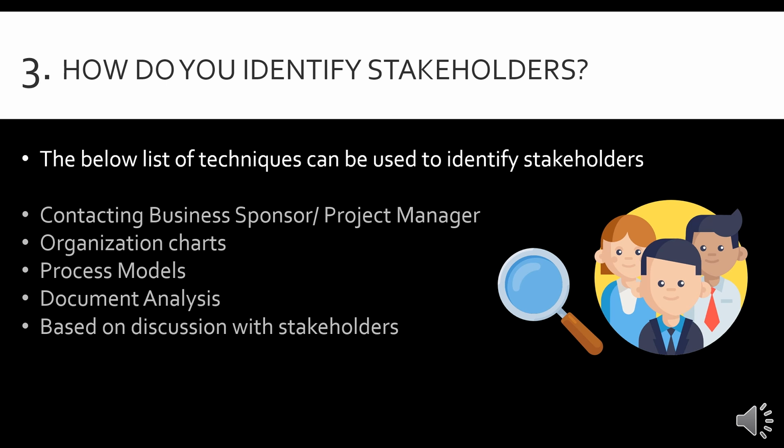Fifth one, when you are meeting the identified stakeholders, they will also provide some names during the discussion, and that is another source of getting the impacted stakeholders. In our case study, since it is a small team of people, the business sponsor would be the owner of the restaurant chain, who would be able to provide the names of the managers from sales and operations teams, and based on the discussion with them, we can get additional names.